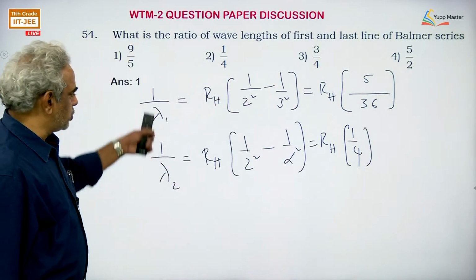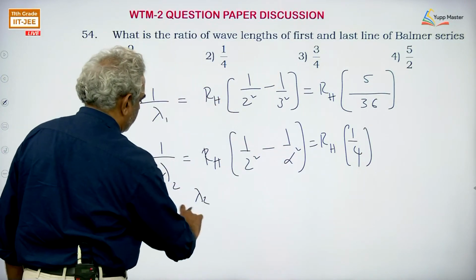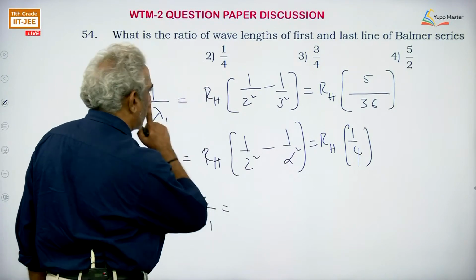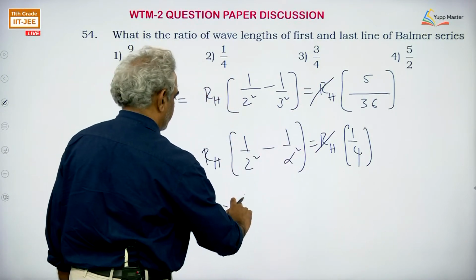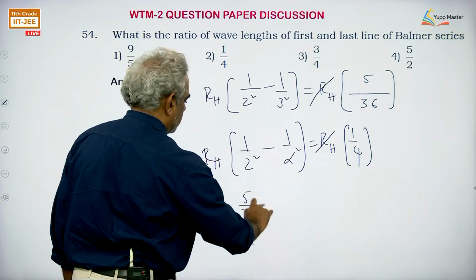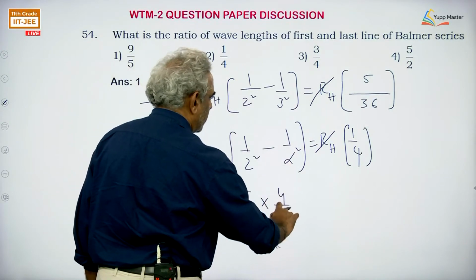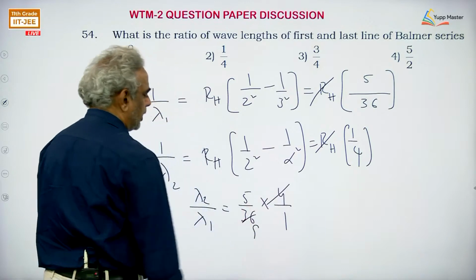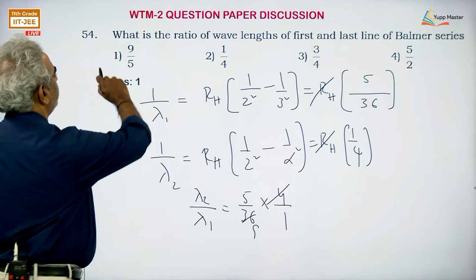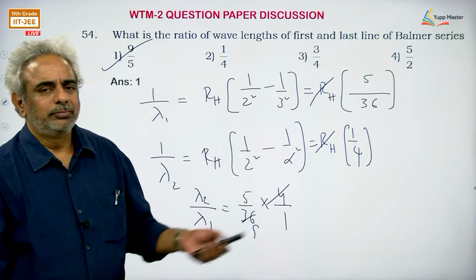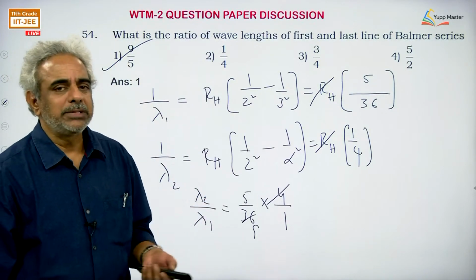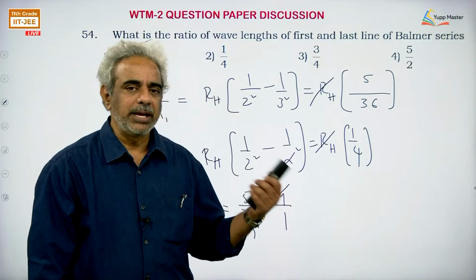When you take the ratio of these two, lambda 2 by lambda 1 will be, this gets cancelled, 5 by 36 into 4 by 1. This goes 9. I took the reverse ratio, so 5. Any ratio will do. Very simple. But only recognize the least energy radiation and highest energy radiation in any series.